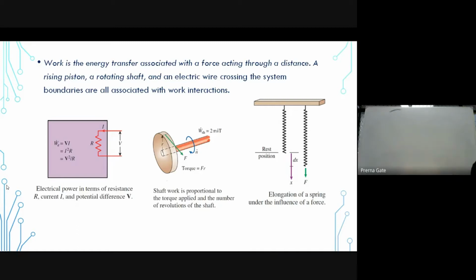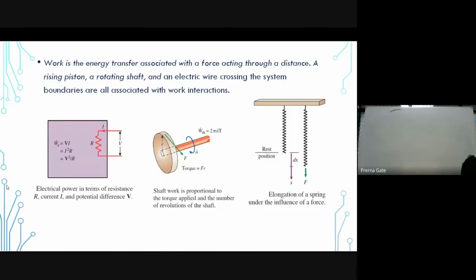Generally, in class 11th you have studied that work is said to be done when an applied force produces displacement in the direction of force. To accommodate that definition, we will define work as an energy transfer associated with a force acting through a distance.